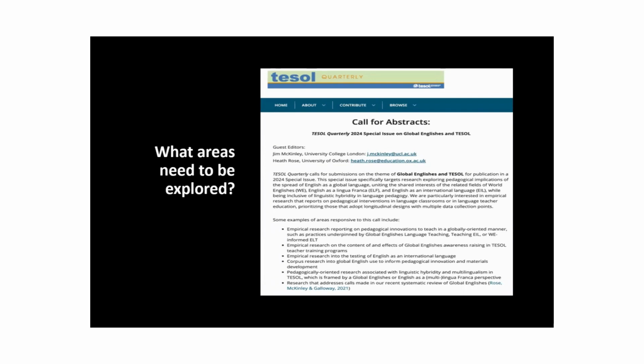So some headway is being made, and just to emphasize the other areas that we've been calling for recently. In a recent call for papers for TESOL Quarterly, we've asked for papers that fill this gap: empirical research reporting on pedagogical innovations, empirical research on the effects of global English awareness raising and teacher training programs, and also empirical research into testing English as an international language, which was a topic that wasn't really uncovered in the systematic review, but it's the elephant in the room that we really need to talk about.